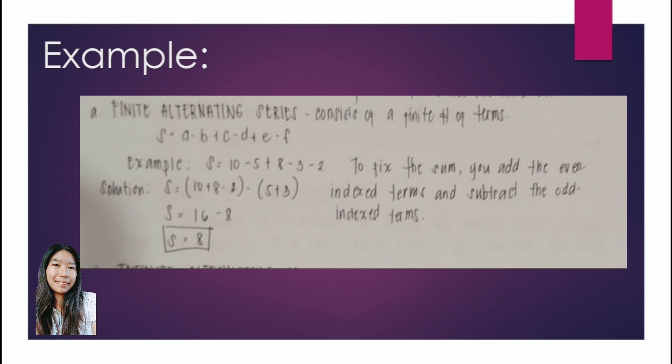Our even index terms are 10, 8, and 2, and our odd index terms are 5 and 3. So 10 plus 8 plus 2 is equal to 16, and 5 plus 3 is equal to 8. Then 16 minus 8 is equal to 8. So the answer is 8.